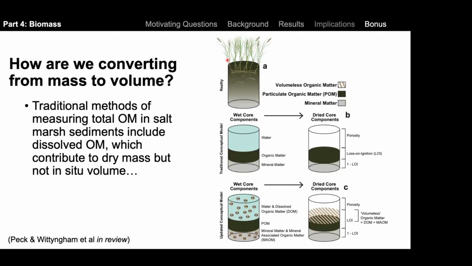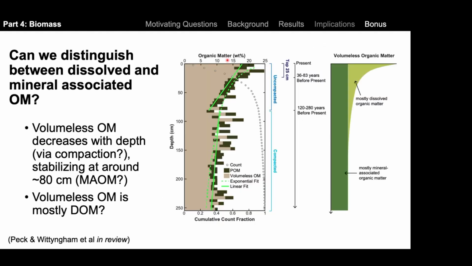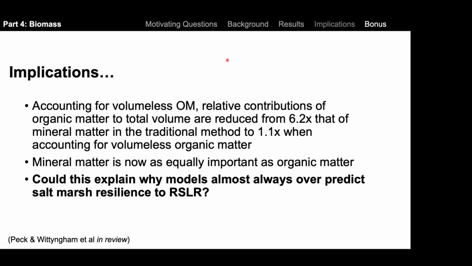And so I did this little thought experiment where I tried to calculate, just using math and wild assumptions, how much organic matter might actually be contributing to volume and how much might be sequestered in the dissolved phase. So I can talk a little bit about that if anyone's interested.